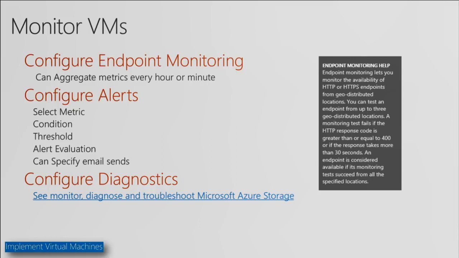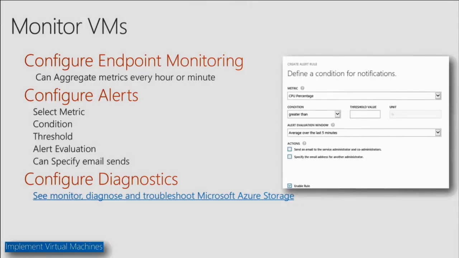If you plug all this into OMS, you can then take action on those with PowerShell automation. Here's me choosing CPU percentage, choosing the fact that it's greater than. So if the CPU percentage of this VM goes over 80%, I want to know about it. Send me an email. I can send it to other people as well.